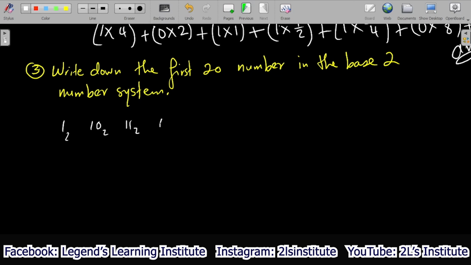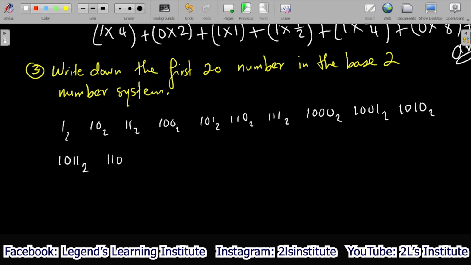After 1 1, we have 1 0 0 base 2, 1 0 1 base 2, 1 1 0 base 2, 1 1 1 base 2, 1 0 0 0 base 2, 1 0 0 1 base 2, 1 0 1 0 base 2, 1 0 1 1 base 2, 1 1 0 0 base 2, 1 1 0 1 base 2, 1 1 1 0 base 2.